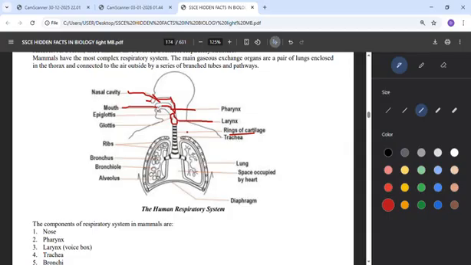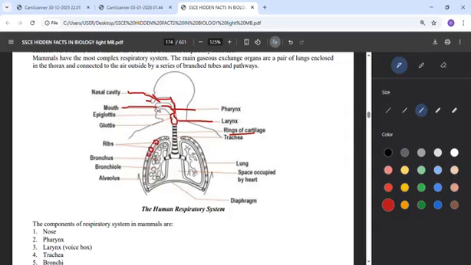Another part of this respiratory system is the ribs. So there are ribs for respiration. These are the ribs. All these circles represent bones. So that's for the ribs.